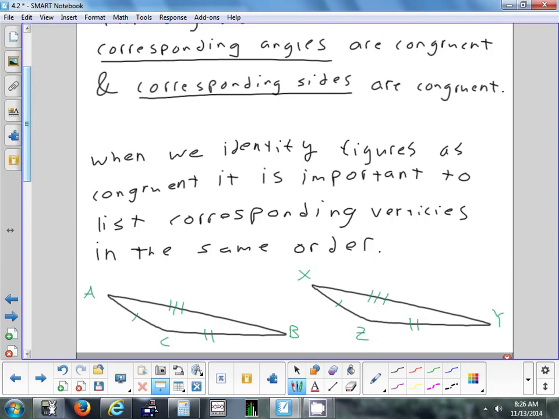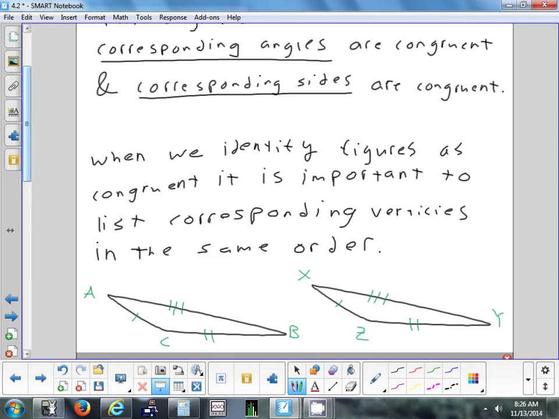Okay, so here's two triangles that are congruent. How could you name the figure on the left? You could call it triangle, and then what would you name it? ABC. Okay, he said ABC. So if we're going to say that's congruent to the one on the right, we need to name the letters on the right in exactly the same order he did on the left.